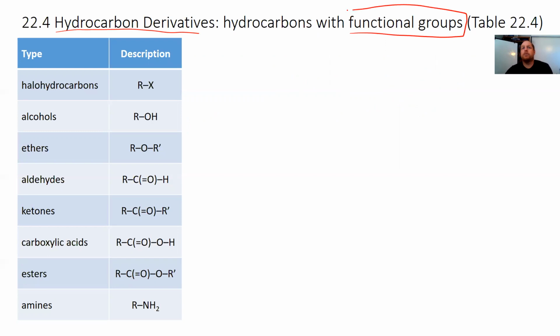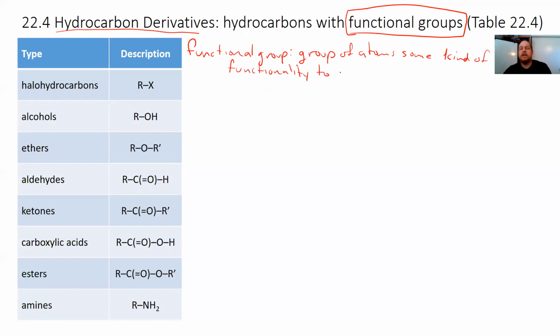A functional group is all it is, a group of atoms that lends some sort of functionality to the hydrocarbon to which it's attached.